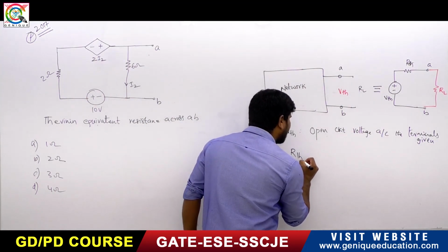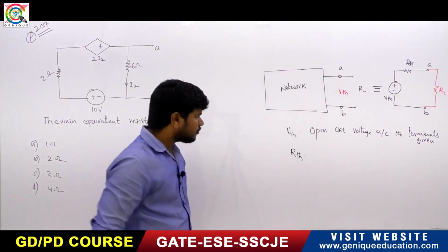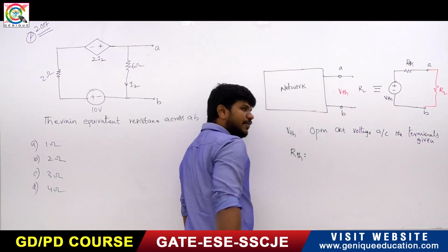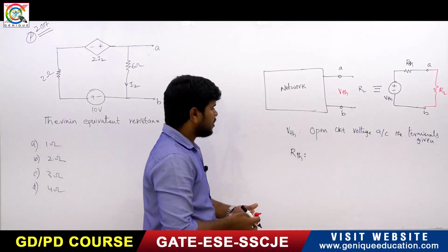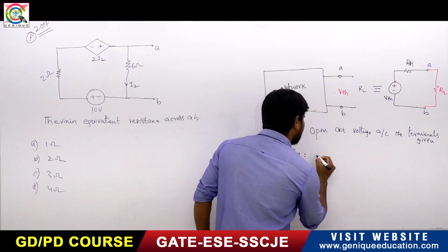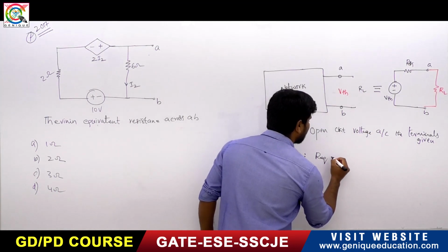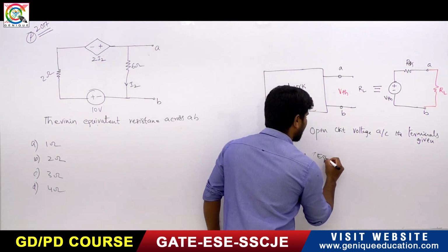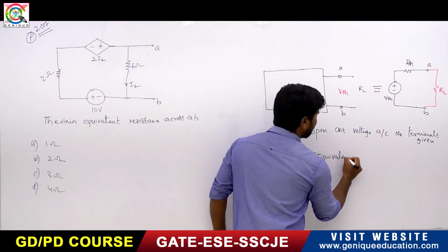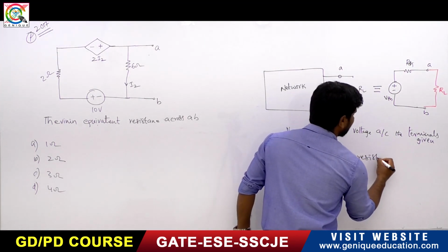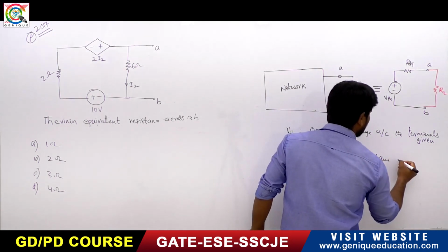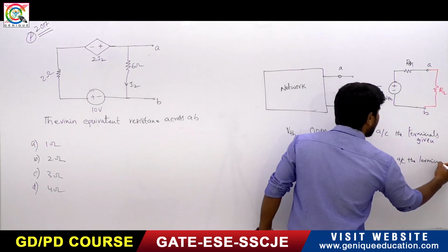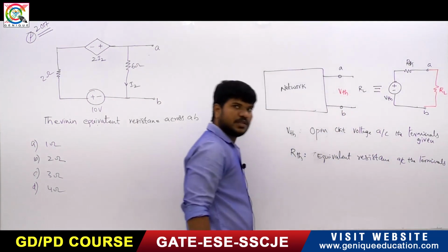RTH is the Thevenin equivalent resistance. It is the equivalent resistance across the given terminals.